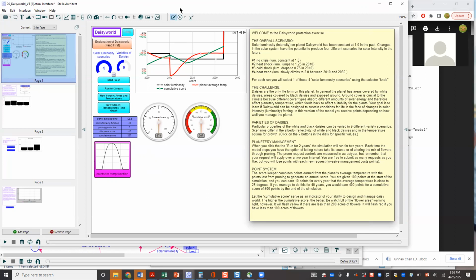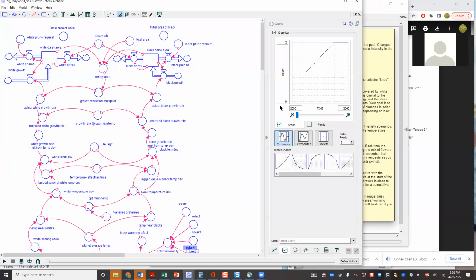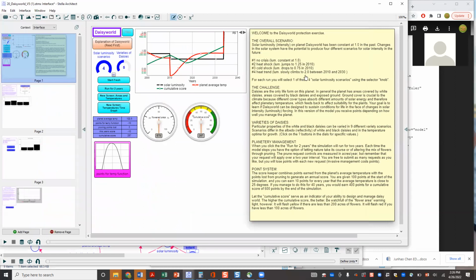Let's go back to the model for a second, because it actually explains exactly what it's doing here. This is one where it slowly climbed between 2010 and 2030. So it ramps up from a light intensity of 1 to a light intensity of 2 during that 20-year period. It's just slowly ramping up. So have a conversation and go at it.